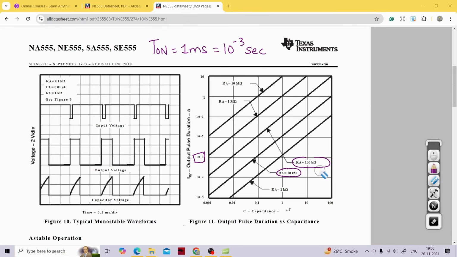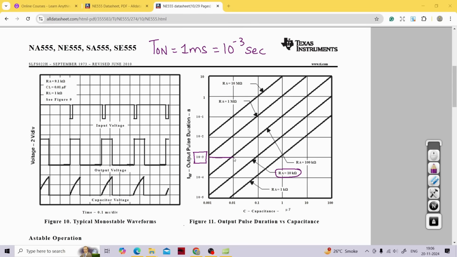I'll erase this and highlight this particular point, that let's say my RA is 10k. Yeah, this is my 1 millisecond, roughly. It is 1.1 millisecond, but I'll consider it as 1 millisecond.